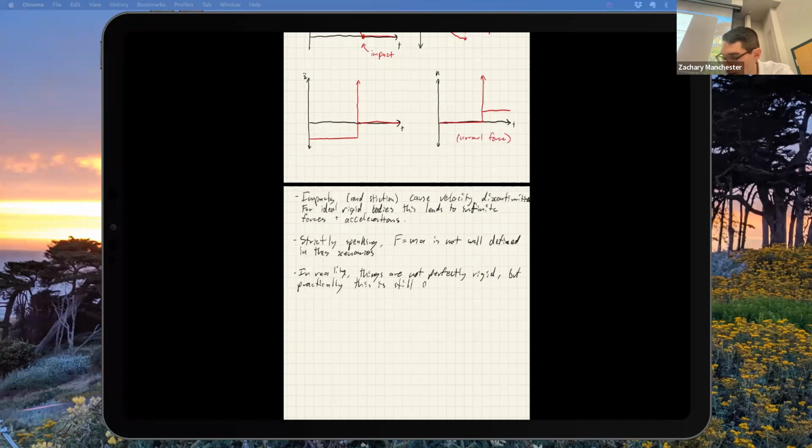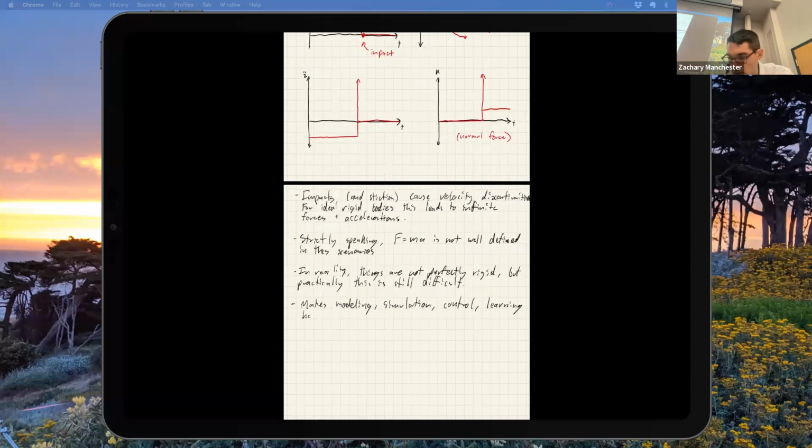What else should we say? So basically all of this makes modeling, simulation, control, learning, all the things you want to do, hard. It makes everything hard.